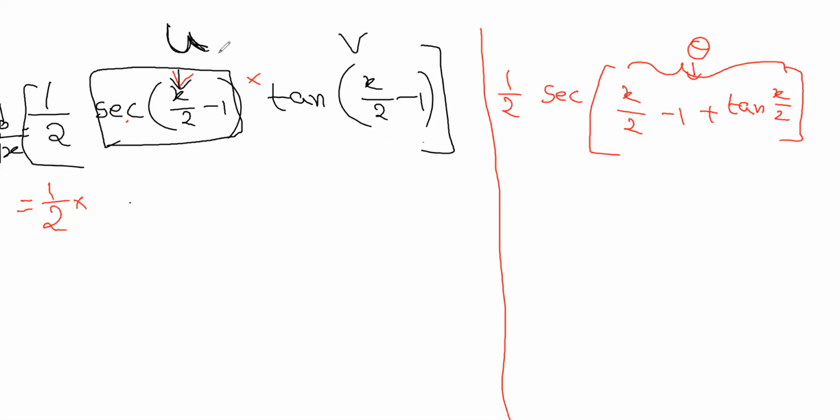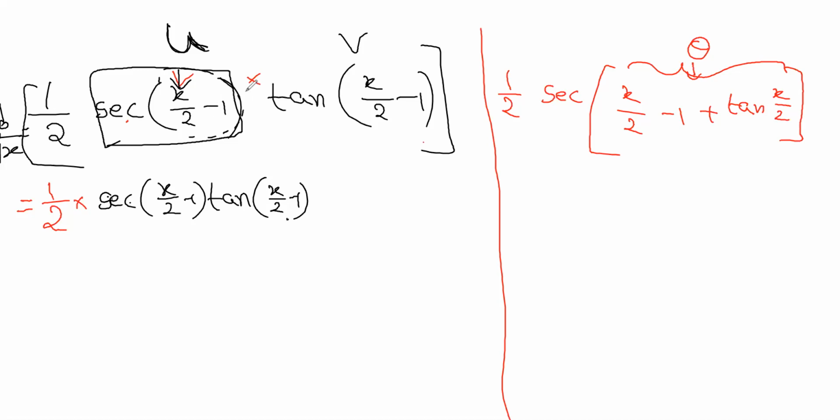So can I write it as secant x by 2 minus 1 into tan x by 2 minus 1, because we know the differentiation of secant x is secant x into tan x? Here the x is same. You should not write the x itself. This is the x over here. That's why you're writing x by 2 minus 1.